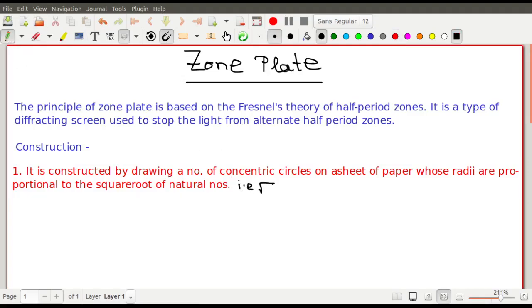The radius is proportional to square root of natural number. That means root over 1, root over 2, root over 3, root over 4, and so on. So these are the radii.